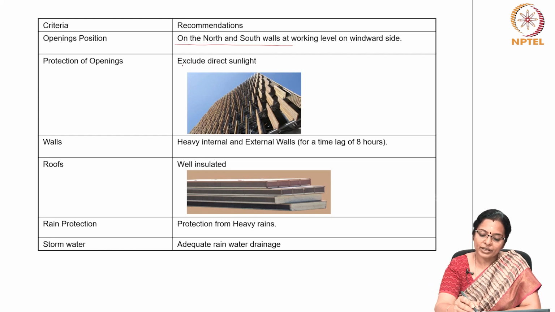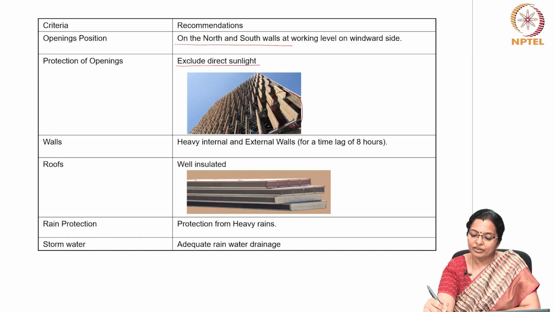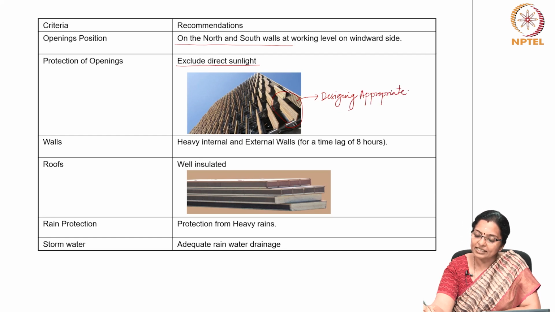Windows must be protected and exclude direct sunlight in whichever way possible by designing appropriate shading. We have already seen the various ways of designing shading devices.